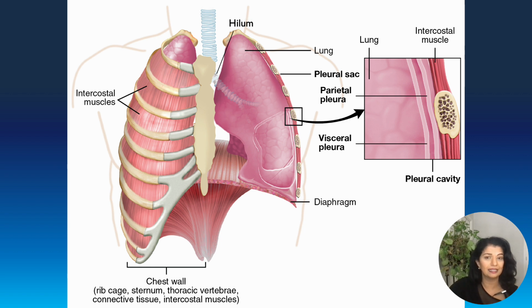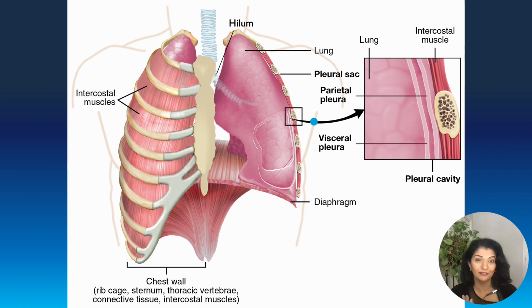And so basically it's separated by the mediastinum, which you remember what the mediastinum is, right? It's like the space in the thorax that has all the organs and vessels, kind of where the cardiac notch is. So going back to the pleurae, there's two layers of pleurae. We've got the visceral pleura, which is right here, and this is the one that's going to be right next to the organ.